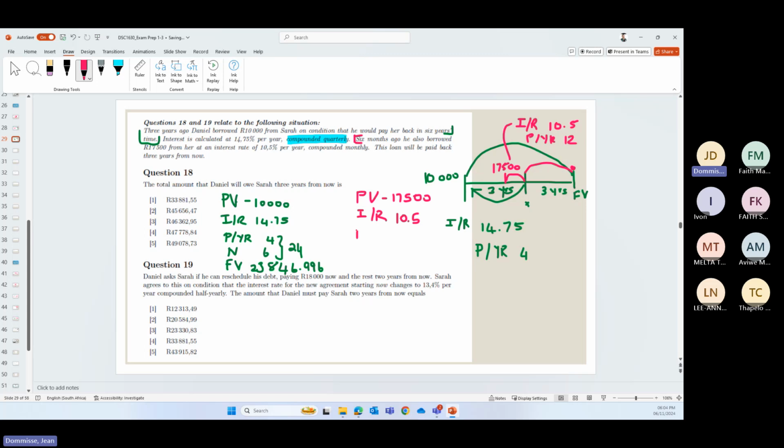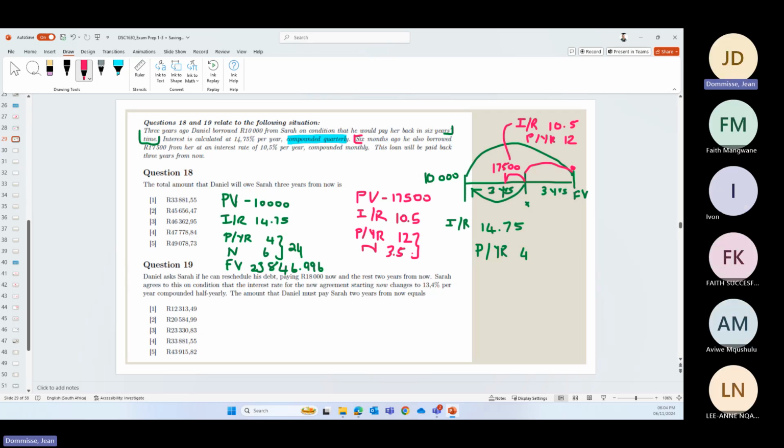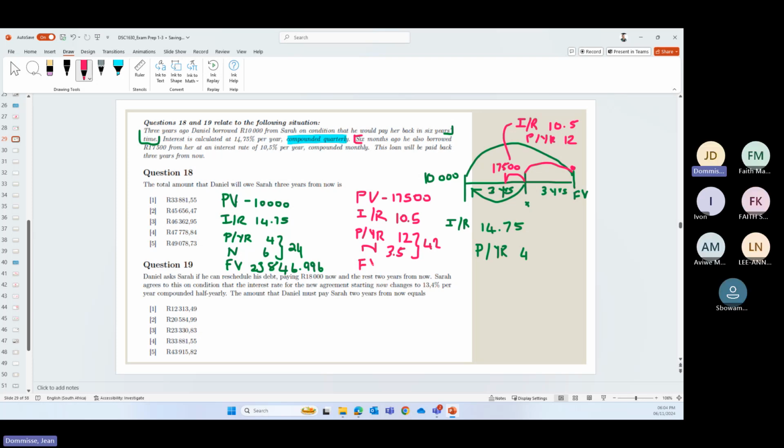Instead of quarterly, we've now got 12 times per year. We've got it as 6 months. 6 months is a half, so our number of years is 3.5. So I will need to multiply 12 by 3.5, which gives us 42 periods, and then we can work out our future value for this one as well.